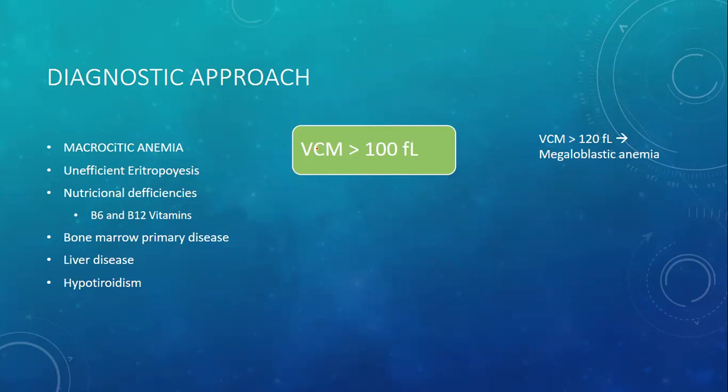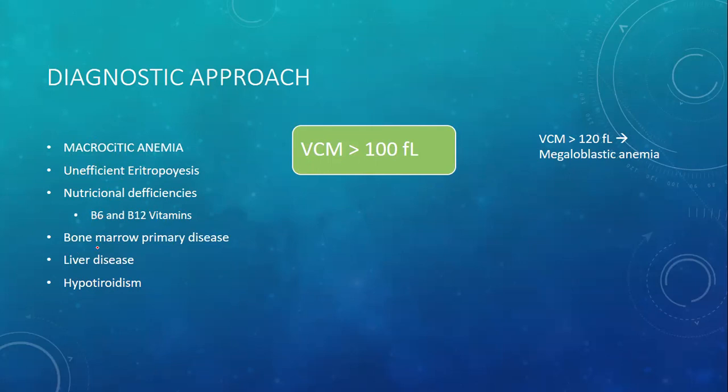What about when we have an MCV higher than 100 femtoliters? We actually have the diagnosis of macrocytic anemia, right? It would have some causes like inefficient erythropoiesis, and nutritional deficiencies such as deficiency of B6 and B12 vitamins.